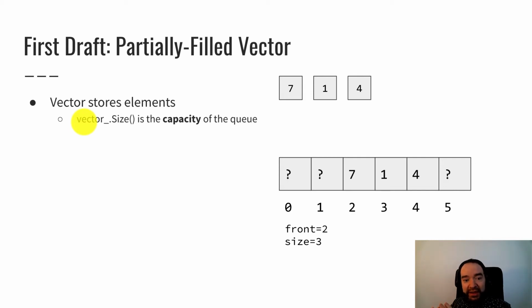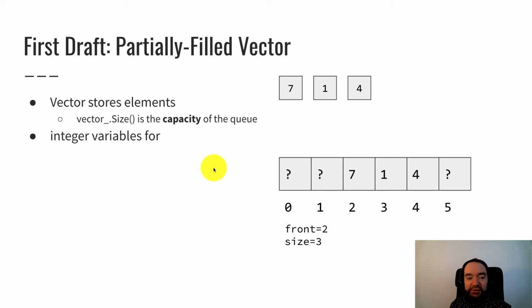We're doing the same kind of thing here, where our queue has a size, which is the number of elements actually in the queue. In my sketch, I've got a 3-element queue, so the size of the queue is 3, but I have a 6-element vector, so the capacity is 6, because this vector object could hold 6 elements, but we're only using 3 of those elements. So we've got size 3, capacity 6 in this sketch.